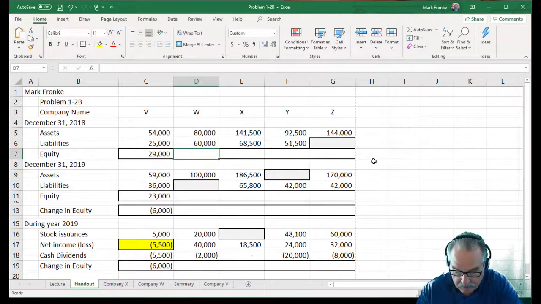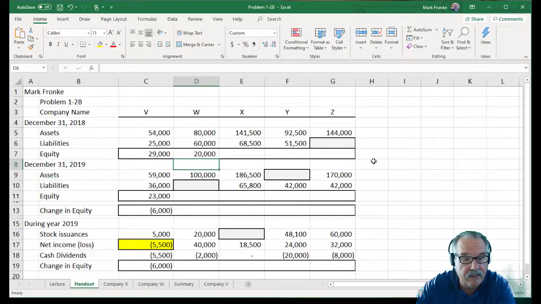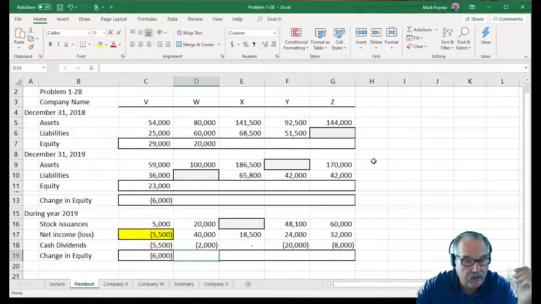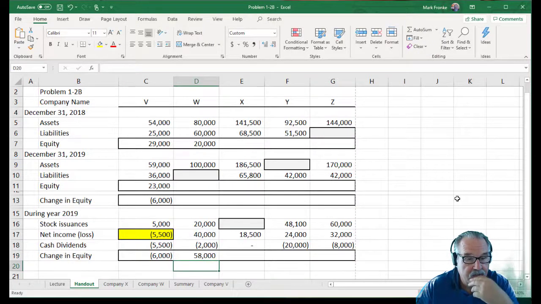Let's move on. First thing I want to do is calculate equity at the beginning of the year. This is for company W, but in this case, they've given us the stock issuances, the net income, and the cash dividends. So if we summarize those 3 things, we get the change in equity of $58,000. What we're trying to find out is what ending liabilities is.